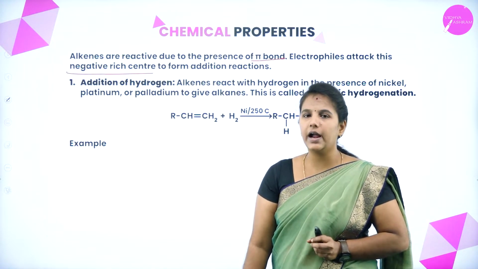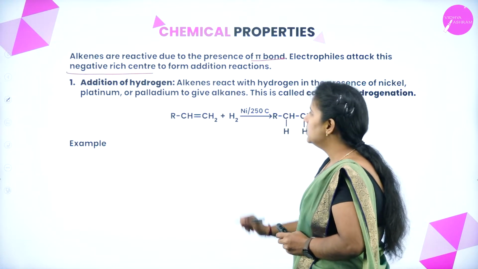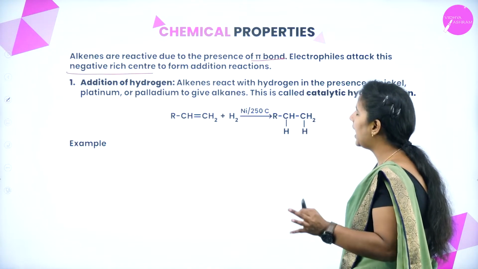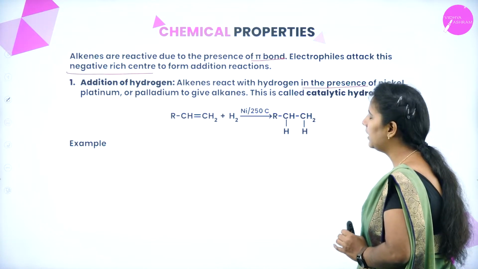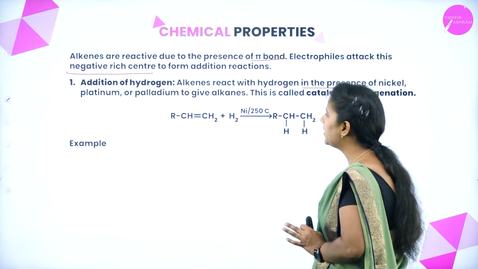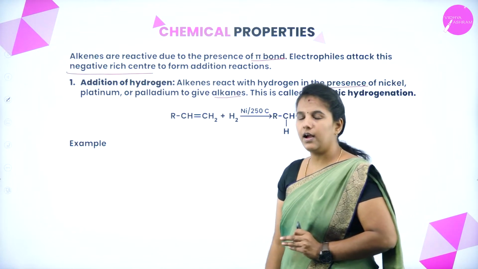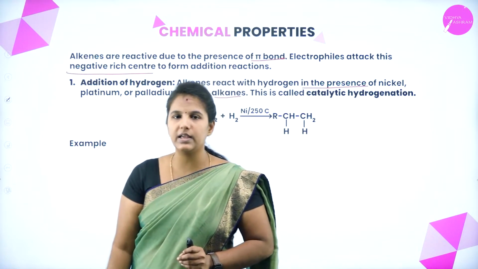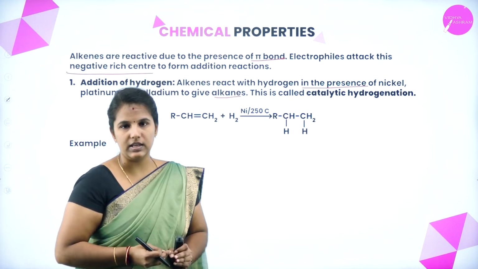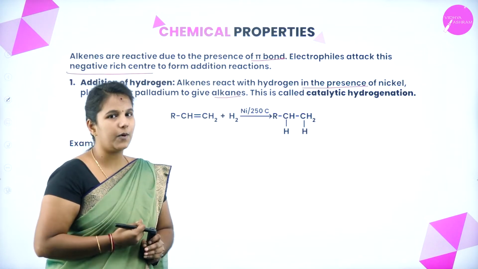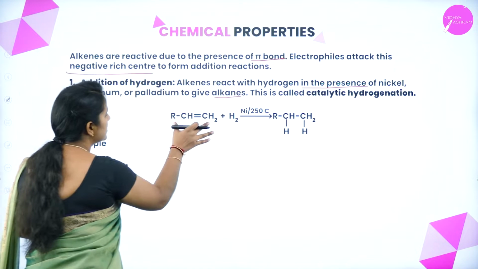If you add hydrogen to the alkene, what will be the product? Let's see. In the addition of hydrogen, alkene reacts with hydrogen gas in presence of nickel, palladium or platinum as a catalyst to give an alkane. Same kind of reaction we have learned in the preparation of alkanes also. Is it right? The alkanes can be prepared from alkenes. So, here we have considered the alkene.